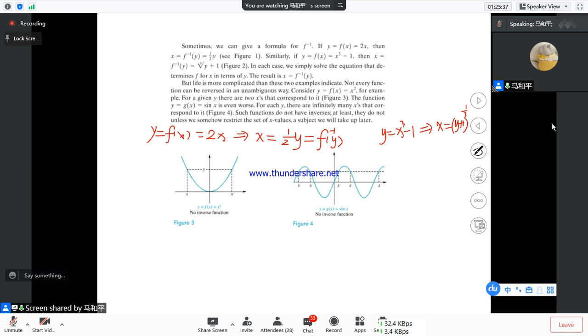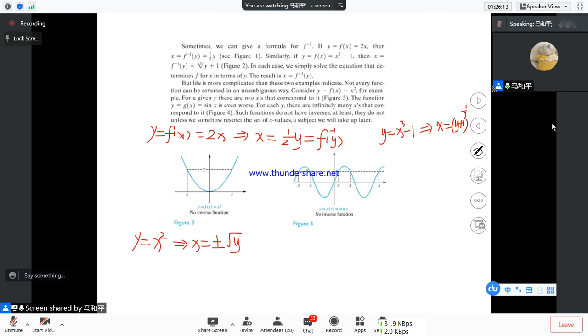But life is more complicated than these two examples indicate. Not every function can be reversed in an unambiguous way. Consider y equals x squared. If we solve the equation that determines f for x in terms of y, we find x equals negative or positive the square root of y.